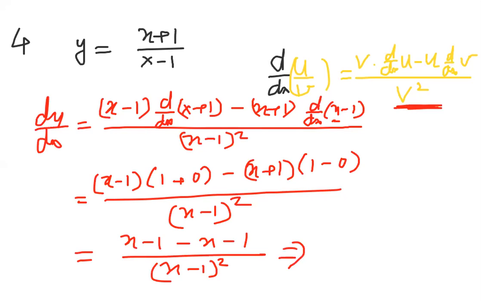This implies minus 2 upon x minus 1 whole square. So this is the result of the derivative of x plus 1 upon x minus 1. I suppose we are able to do this question also. It's really a wonderful question, and if it comes in the exams, that is good.